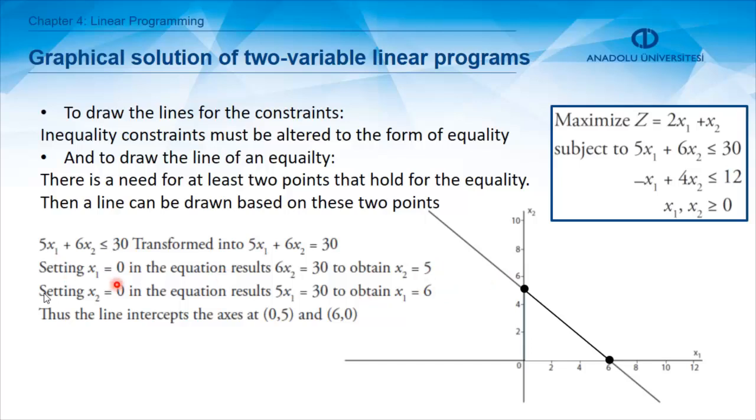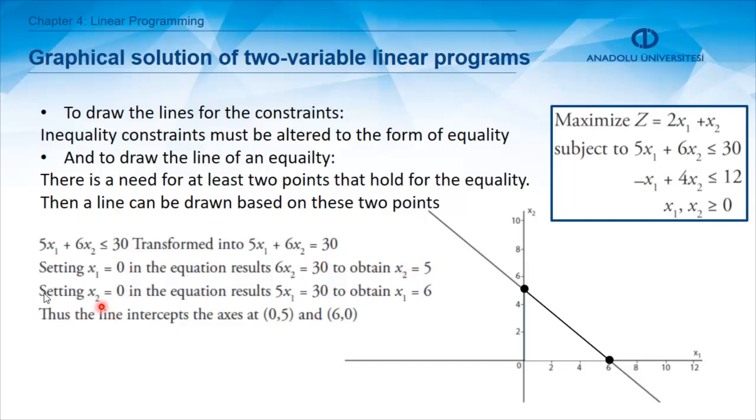So we set x1 to 0, and the equation turns into 6 times x2 equals 30. From here, we obtain 5 for x2. So when x1 is 0, then x2 must be 5. And this is 1 point we obtained here.